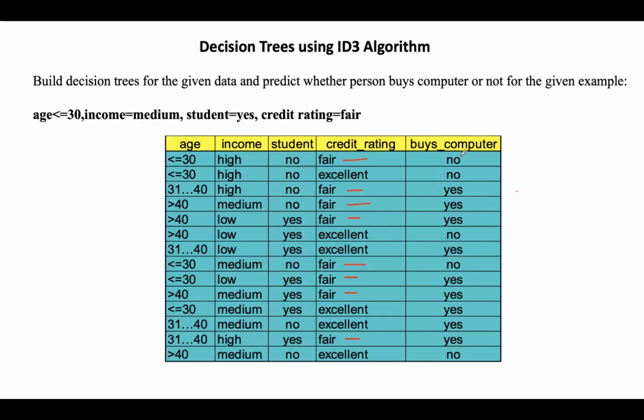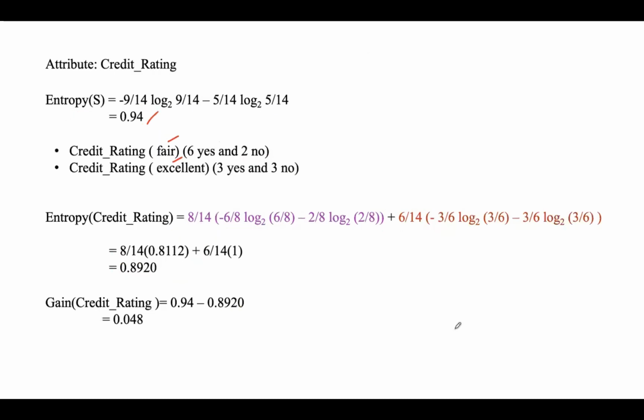Out of 8, the number of no's is 1, 2, and 6 yes. So 6 yes and 2 no's.